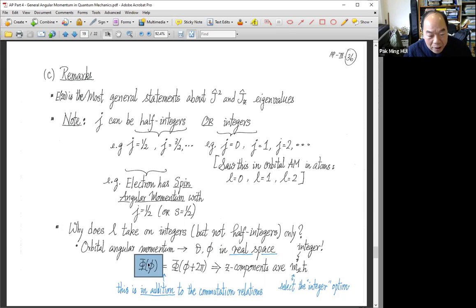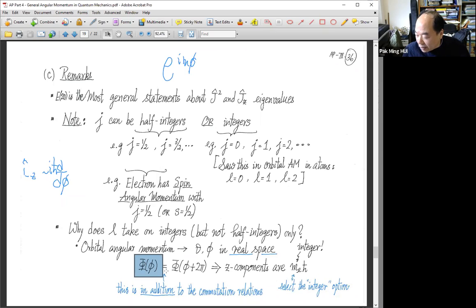If you remember, the LZ operator is something like d phi. I think it's i h bar d phi, right? Okay. So you have this e^{i m phi} in the phi part of the spherical harmonics.